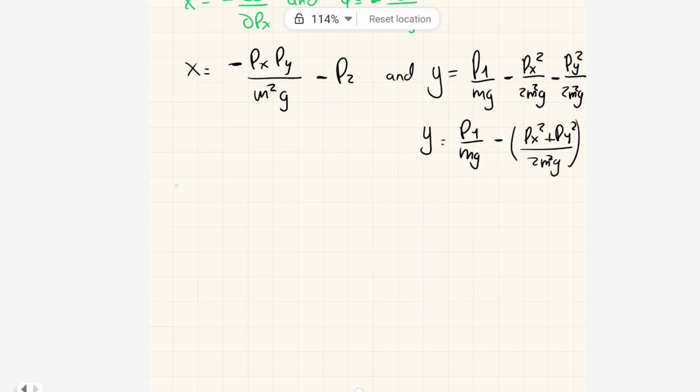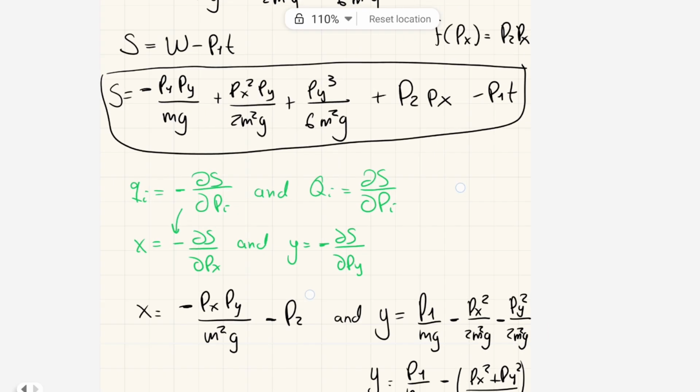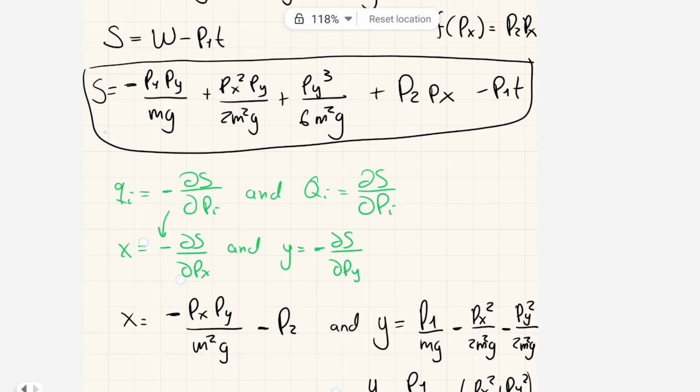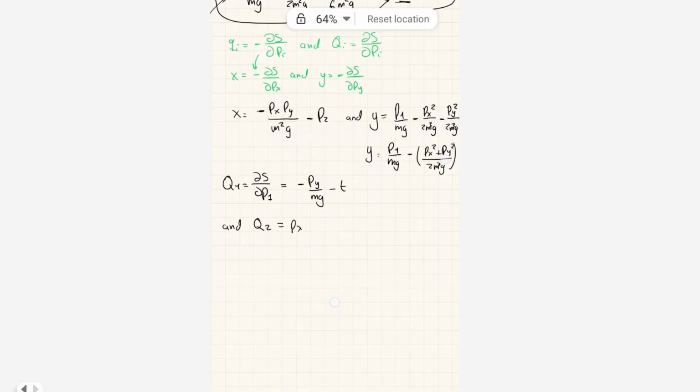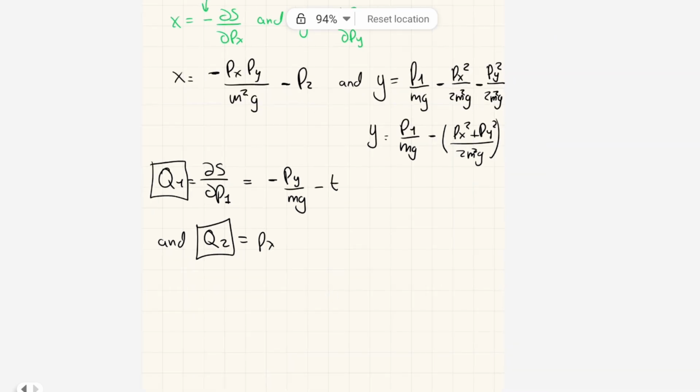On the other hand, we know that q1 is going to be the partial of s with respect to p1, and if we calculate that, we get that this is minus py divided by mg minus t, and q2 is equal to px. So q2 is equal to the partial of s with respect to p2, but that is px. So with this we have found q1 and q2, but we still need to find p1 and p2.